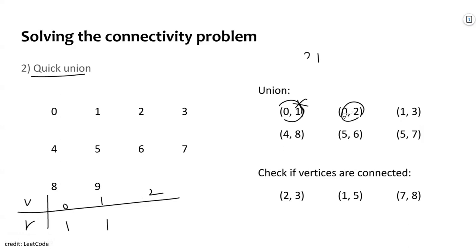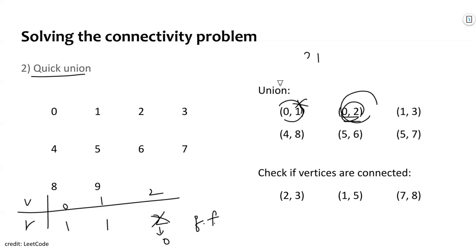In the next step, we unite 0 and 2. This was originally 2. However, in the case of quick find, it would be 1. But for quick union, what we do is we just put 0 here.